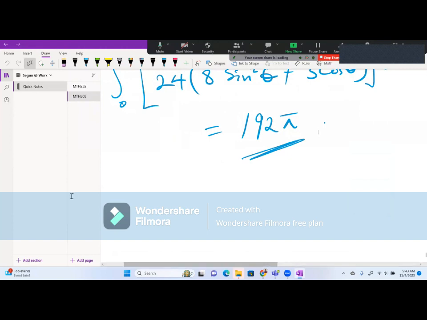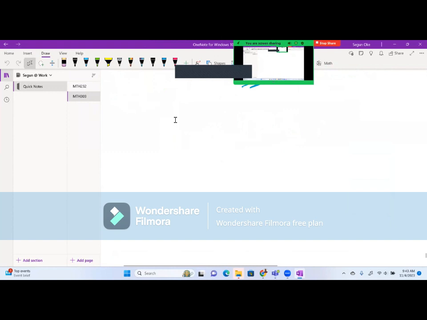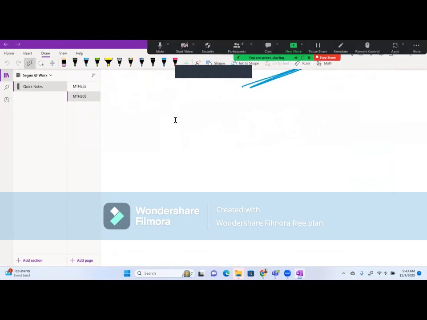So for this particular one, what are the things we need to cover in the volume integral? Let's look at the volume integral.